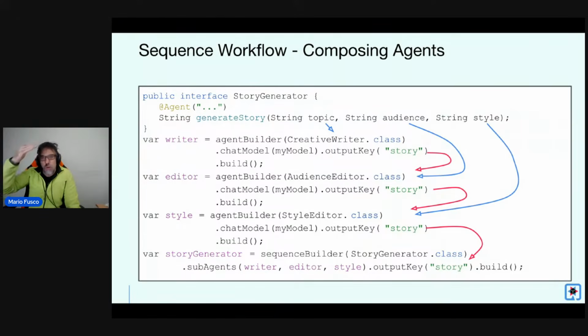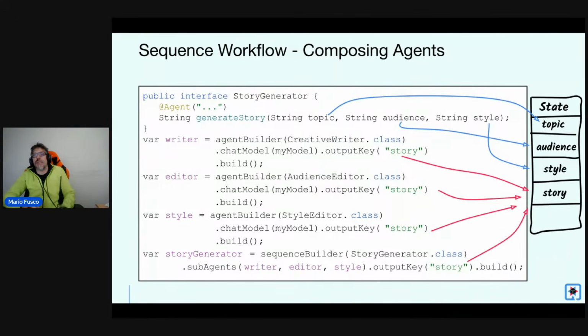This is the logical flow of the values taken as input by the agents and generated in output. What happens in reality is that I have a shared state basically.